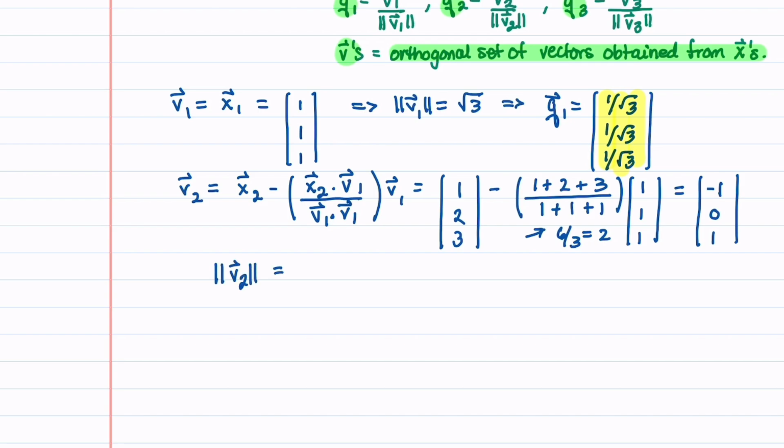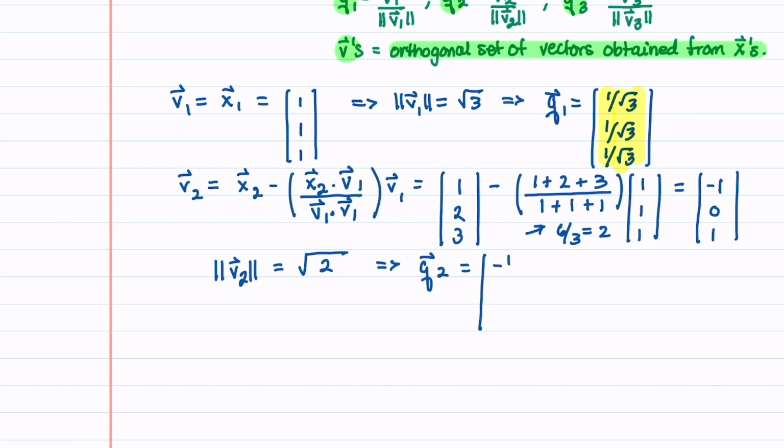And that's going to be the square root of 1 squared plus 1 squared, which is just 2. That gives us then that Q2 is going to be our vector v2 with each component divided by root 2. So minus 1 over root 2, 0, and 1 divided by root 2.